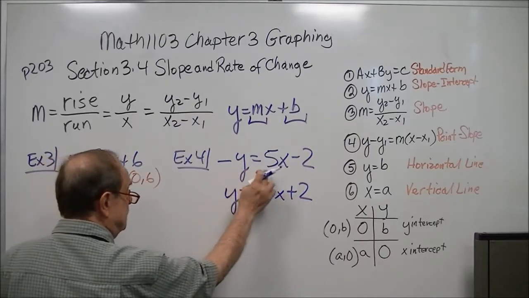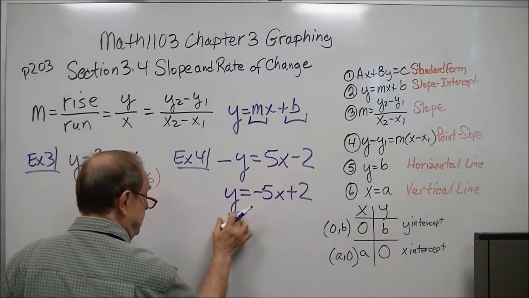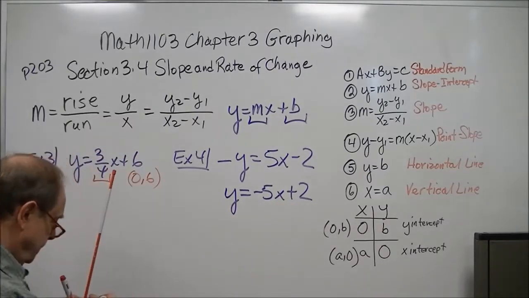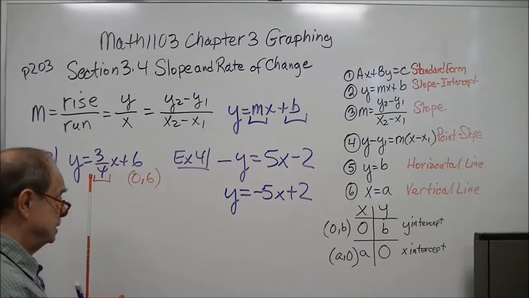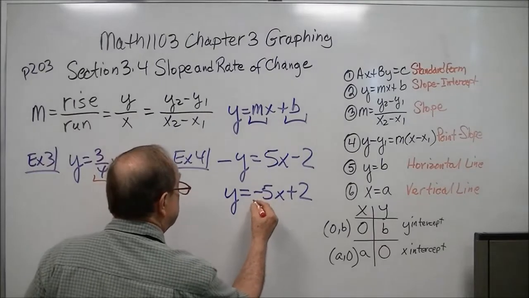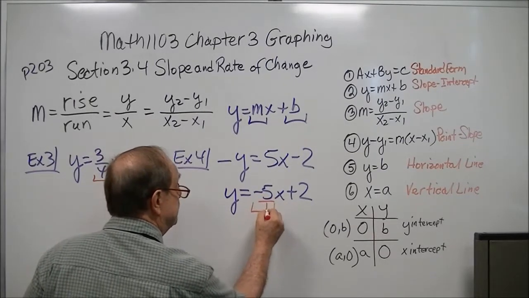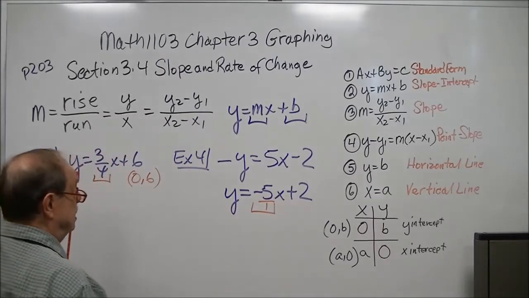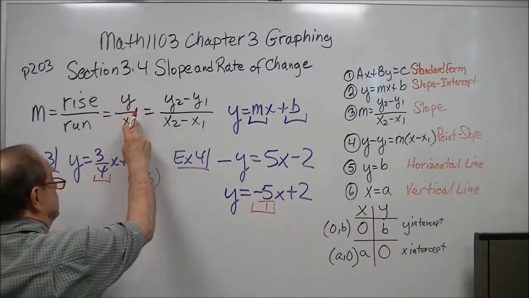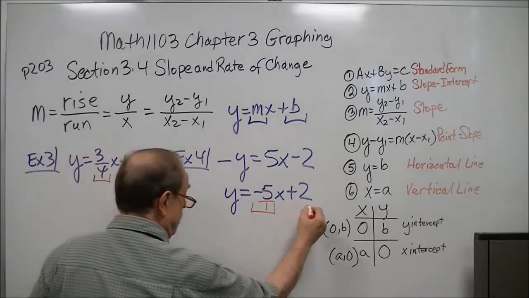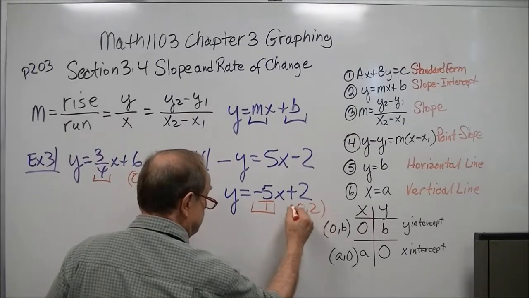So by dividing every term by a -1, we just reverse the signs. So now, what's our slope? Our slope is -5. Now remember, that's -5 over 1, because it's a ratio of y units to x units. And our y-intercept is 0,2.